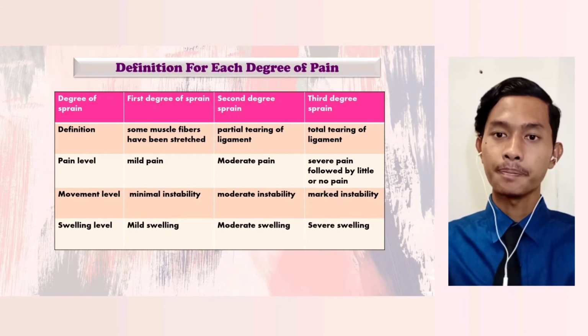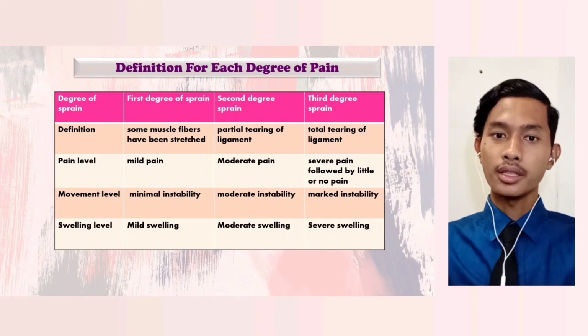There may be mild swelling, but the instability will be minimal. If we take an athlete as an example, the athlete can expect to resume their training in 1 to 2 weeks with conservative therapy and enough rest.